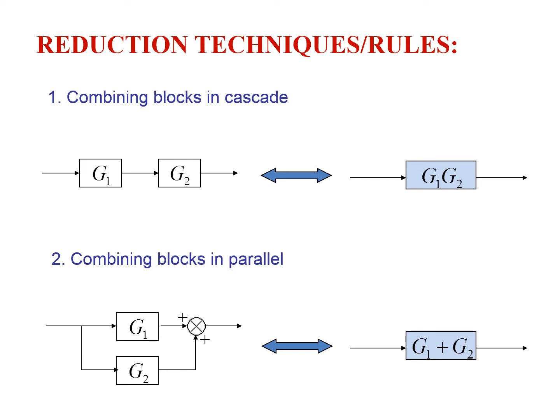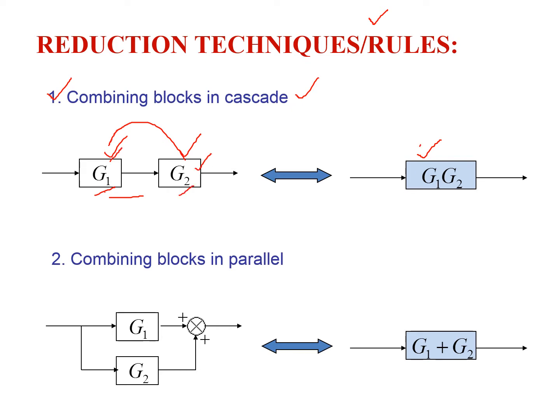Coming to reduction techniques or rules, these are very important for obtaining the transfer function for a given system. The first rule is combining blocks in cascade. Here G1 and G2 are blocks connected in cascade, which means connected in series. Then the resultant is a single block whose gain is the product of the two block gains, where G1 is the gain of block 1 and G2 is the gain of block 2.